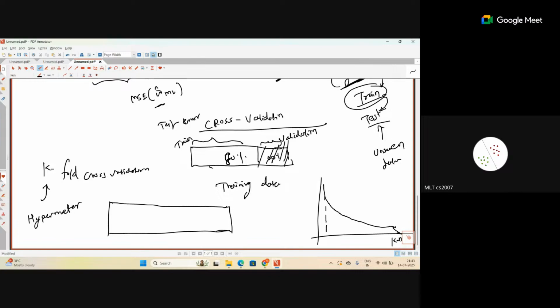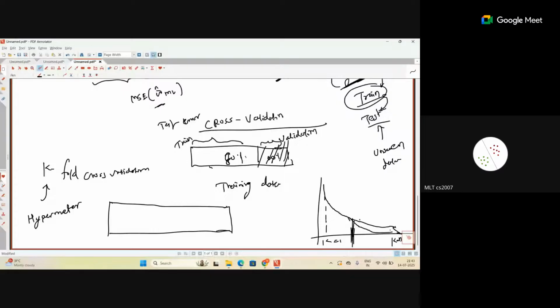We started with k equal to 1, but we don't want k equal to 1 where the error is 0, because that would be overfitting. So you choose where the elbow is. After that, the error was becoming lower and lower. I hope you remember all of that.